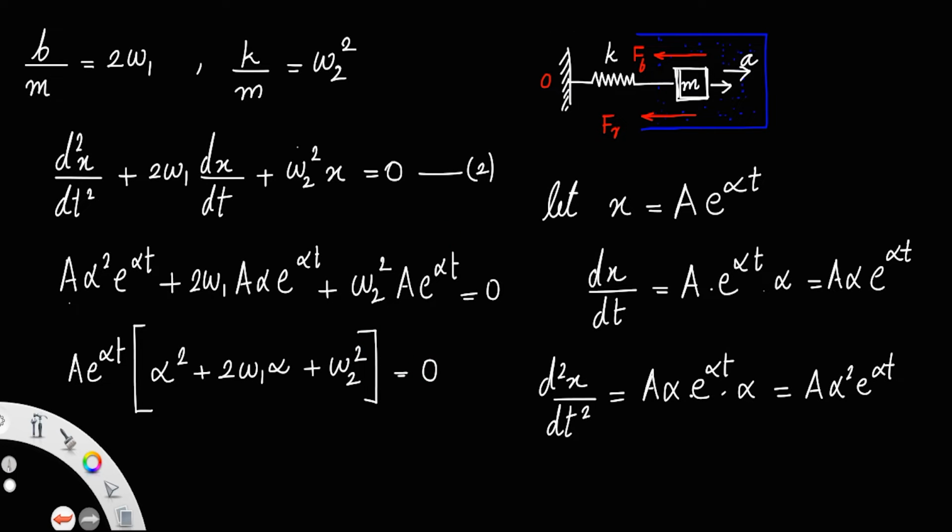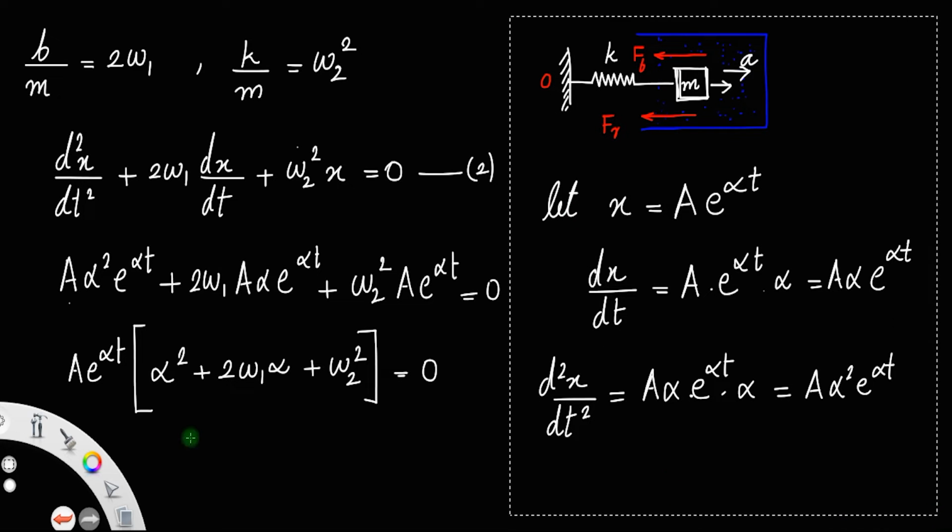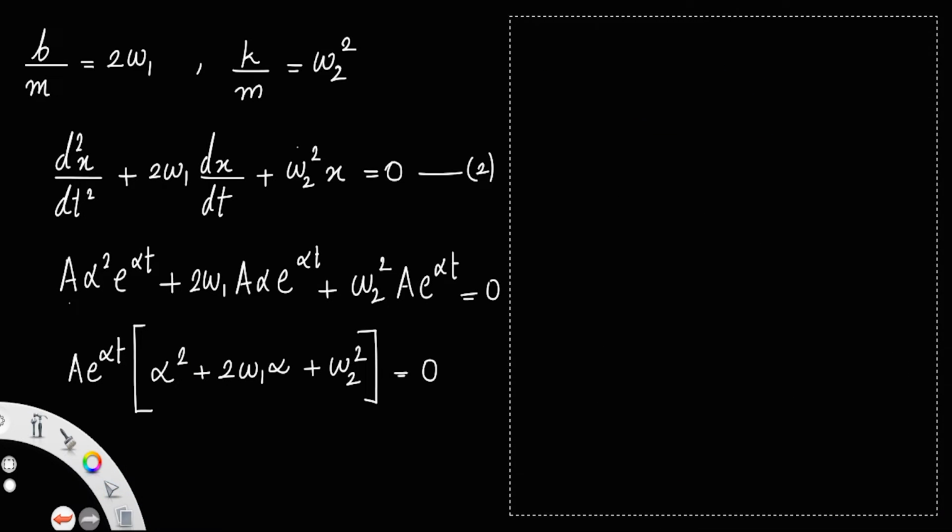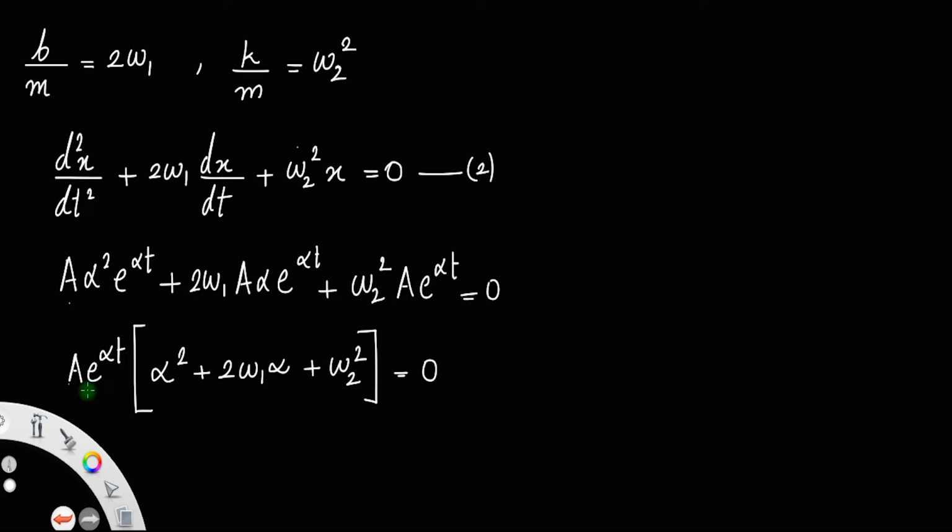Now we need to find the value of alpha. So this can't be 0. Therefore the possible way is alpha square plus 2 omega 1 alpha plus omega 2 square equal to 0. This is nothing other than a quadratic equation.